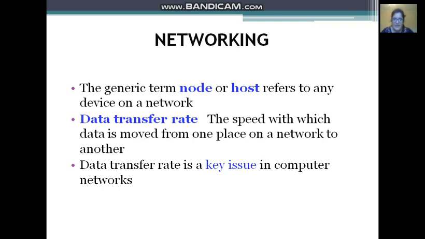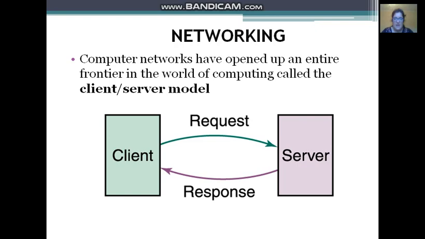Data transfer rate: the speed with which data is moved from one place on a network to another. Data transfer rate is a key issue in computer networks. Computer networks have opened up an entire frontier in the world of computing called the client-server model.